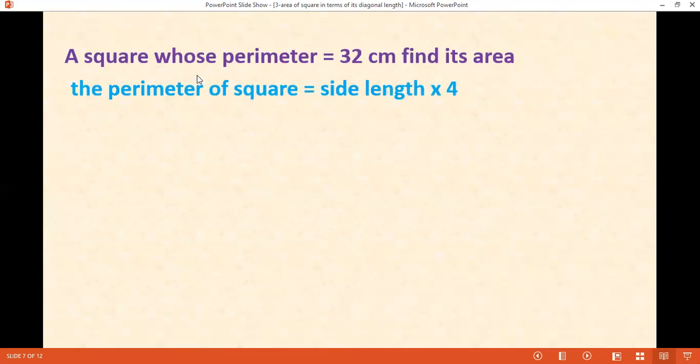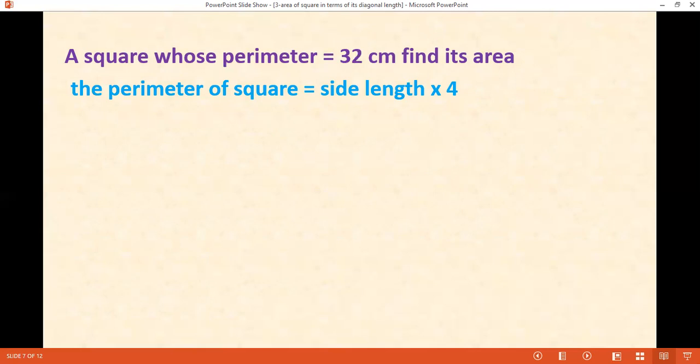Okay. A square whose perimeter is 32. Find its area. In this question, I have the perimeter, which equals 32. The perimeter of a square equals side by 4. So if I have the perimeter and I need the side, what should I do?